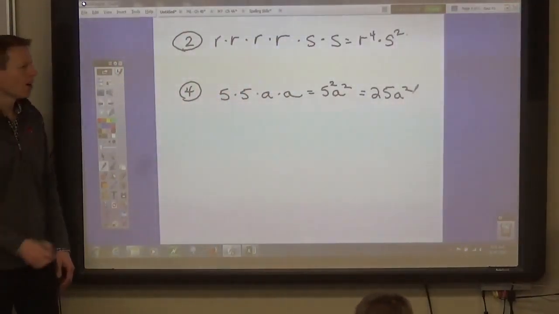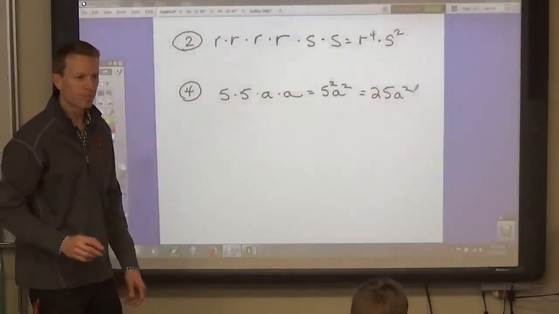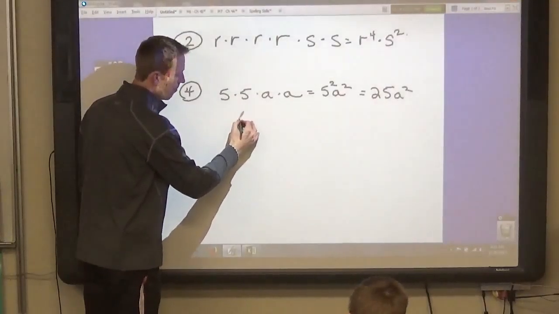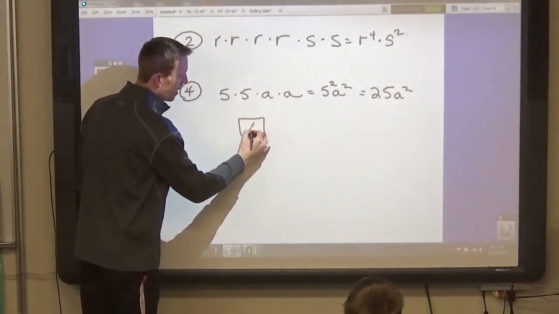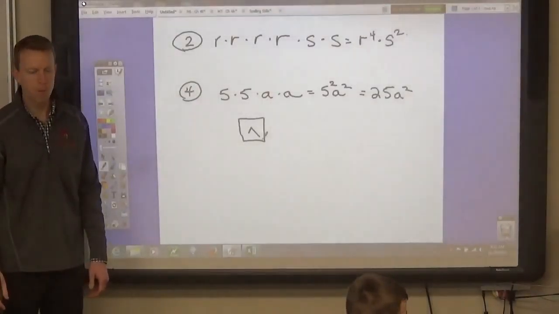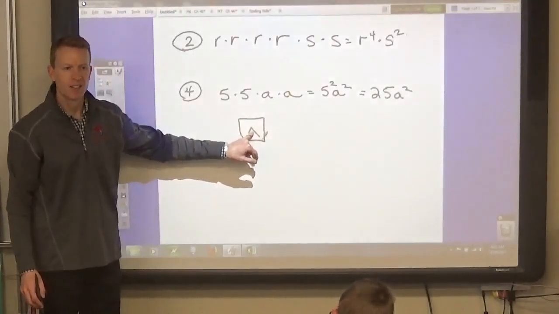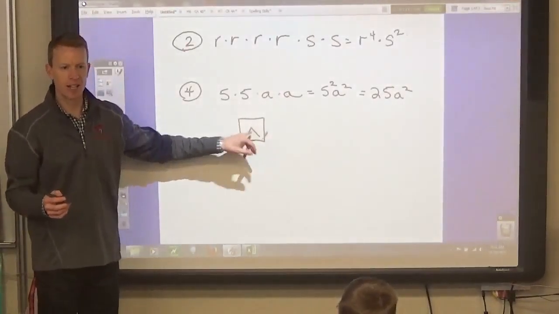Do you know how to use the exponent button on your calculator? Yes, there's a button on there. It's called a caret. When you push this, the next number that you put in is the power.